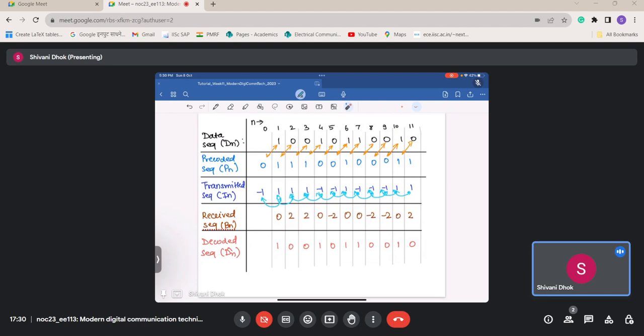For this noise-free case, just to understand what exactly is intended by doing this kind of pre-coding and then decoding technique, we are looking at how these things propagate and how each of the sequences is constructed.